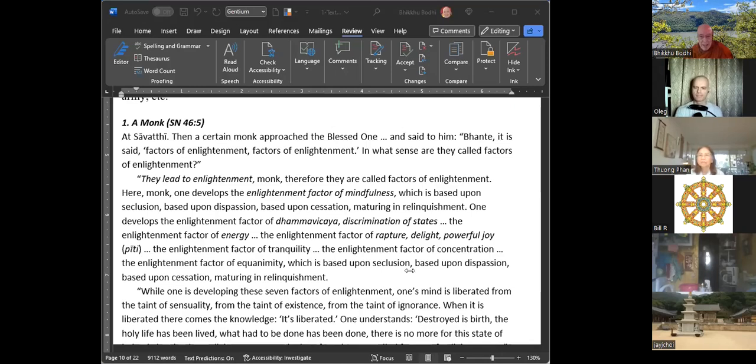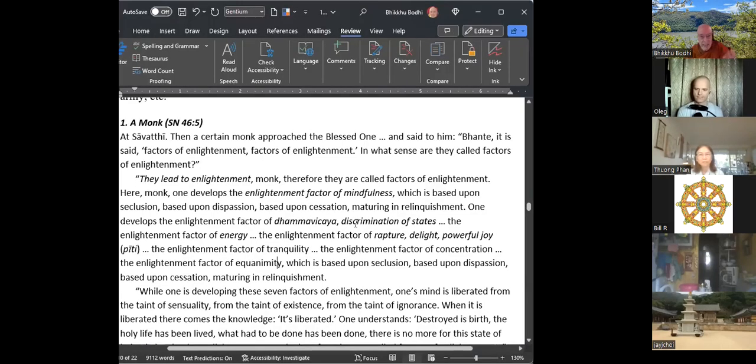But the factors of enlightenment, the 7 factors of enlightenment, maybe they could be divided into 2 groups. So we might see the first 3 factors as the things that one actually practices. So sati, or mindfulness, of course, is absolutely essential. That is really the starting point.